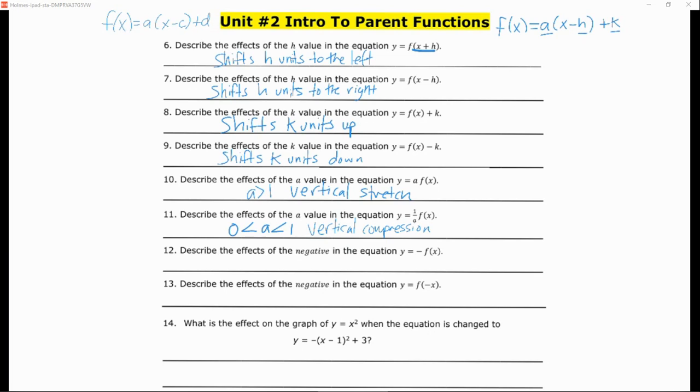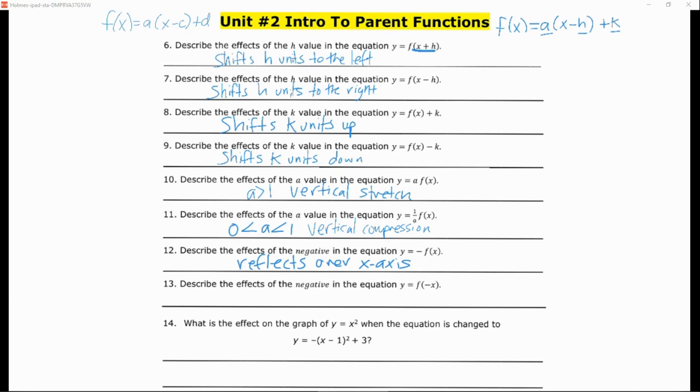I'm going to say reflects over the x-axis. So anytime that you have a negative number in the front, it's going to flip it over. If it's not negative and it's positive, then you know that it's pointing up. If the A is positive, it's pointing up. If A is negative, it's pointing down.